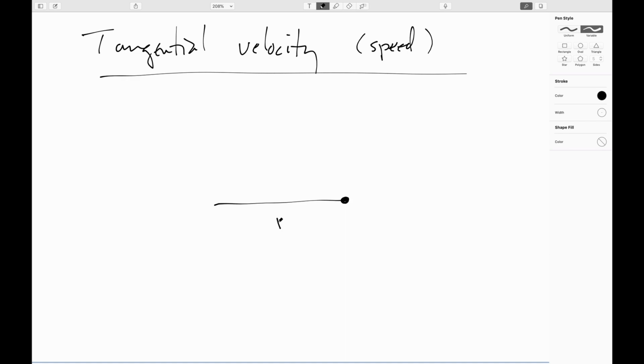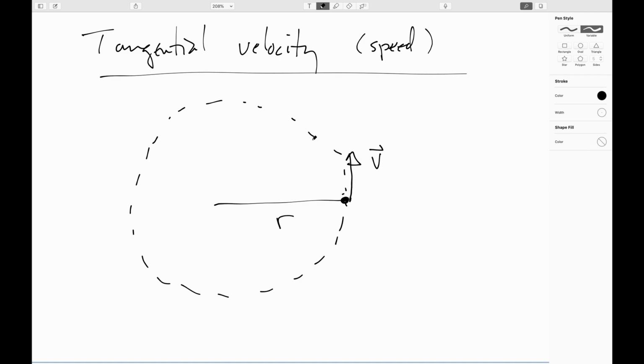The string has radius r. That's supposed to be a circle. Sorry about that. We've already seen that the direction of the velocity has to be tangent to the trajectory. So here I'm saying we're going counterclockwise, but we could just as easily be going clockwise. It doesn't really matter.